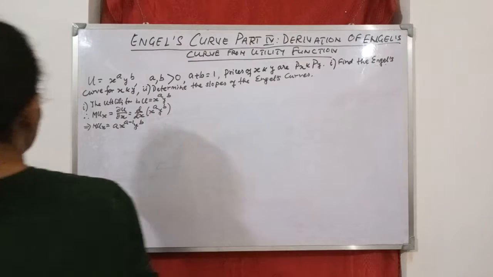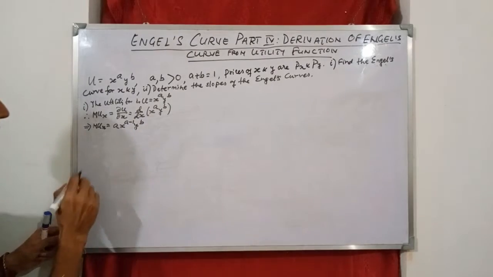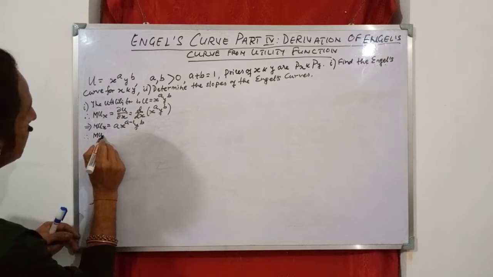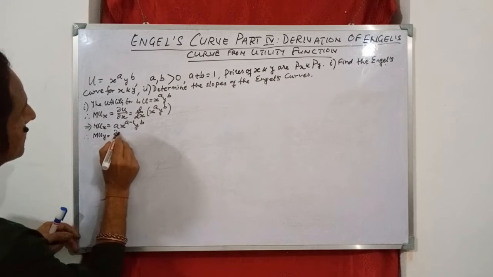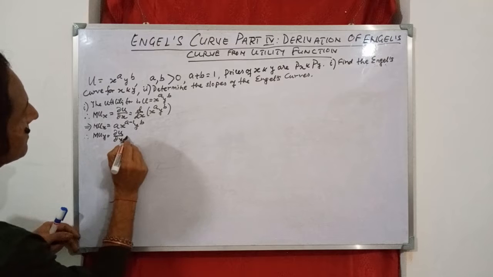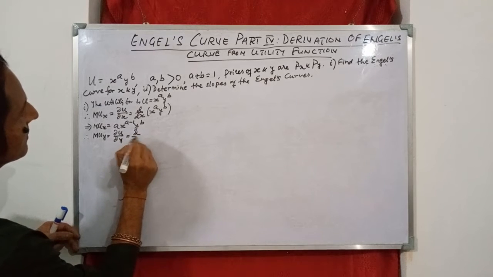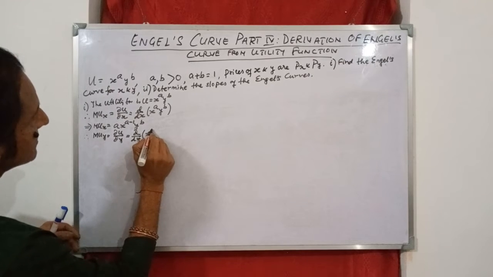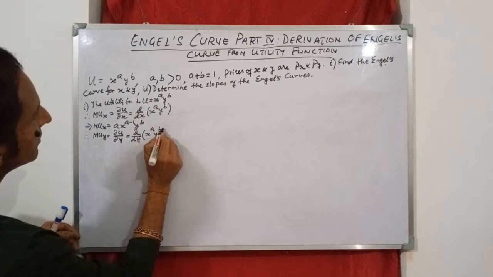Similarly, we would find out mu y. Therefore, marginal utility of y, that is mu sub y, equals del u del y equals d/dy of the utility function, that is x to the power a y to the power b.